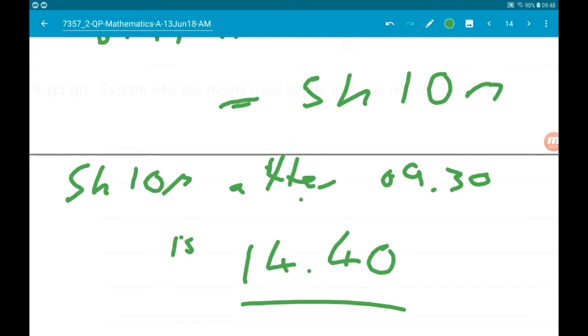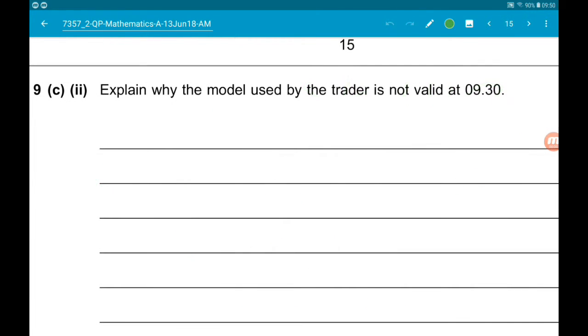Cool. Part C part 2 wants us to explain why the model used by the trader is invalid at 9:30. So at 9:30, t is equal to 0. That doesn't really cause us any problems. But when he opens, there is going to be no total sales.